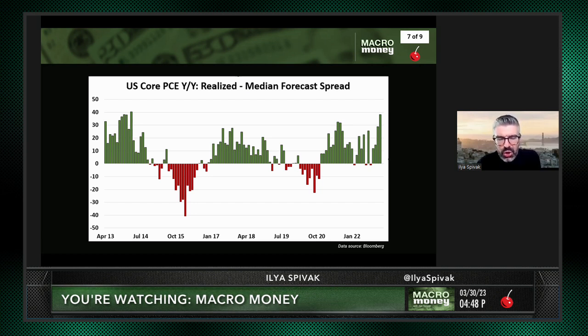Much more so than it's underperformed. In fact, there's only 3 months you can see there where you get basically in-line results, just a tiny, tiny sliver of red on the chart there, but the green bars are nice and tall. And in fact, the latest data gives us the biggest outperformance that we've seen since 2013.